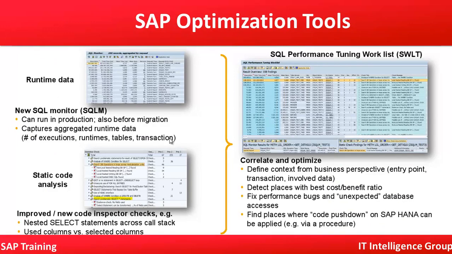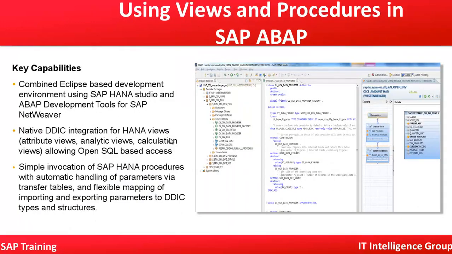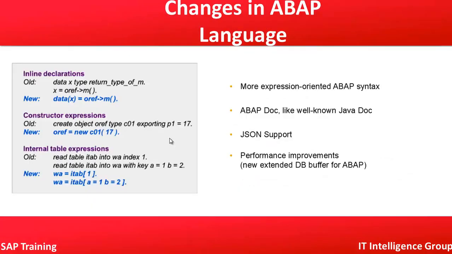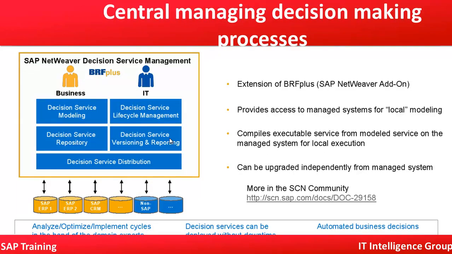Another important one is SQL Monitor, and how you can use it to find out where the performance bottlenecks lie when you migrate to HANA, and how you can fix them. We will also see different views and procedures and how you leverage them in HANA, how you create database proxies and call them in the reporting view. So what is changing in the new environment.